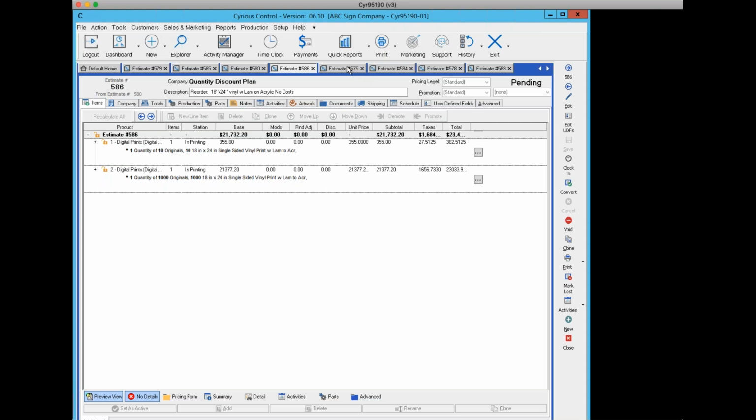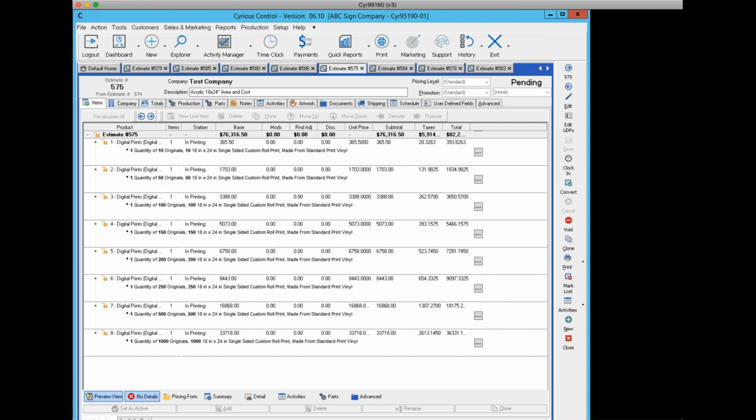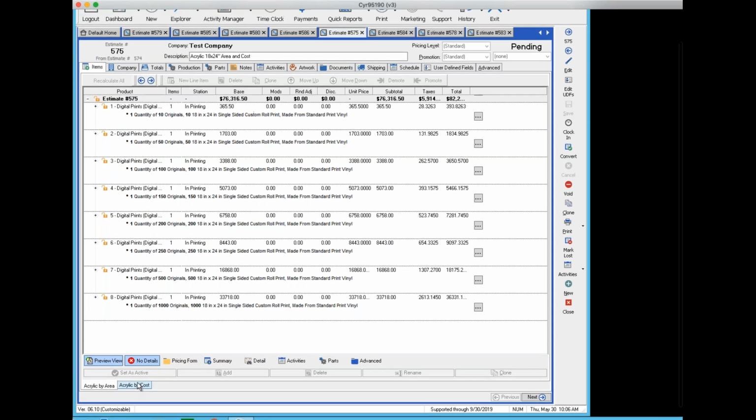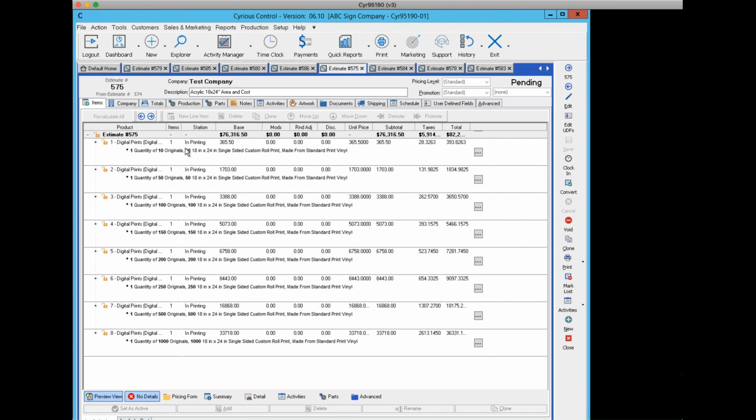The last two pairs are with costing as a factor. This one, the 575, has 8 examples. If you go down to the bottom, you can notice that one example uses variation for area-based pricing, and one uses it for cost-based pricing. This one is without discounting.